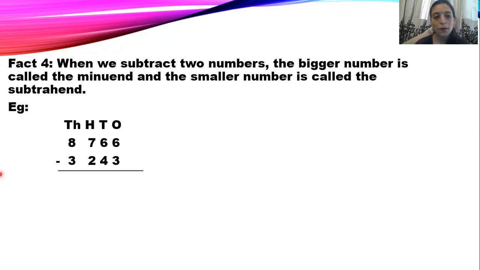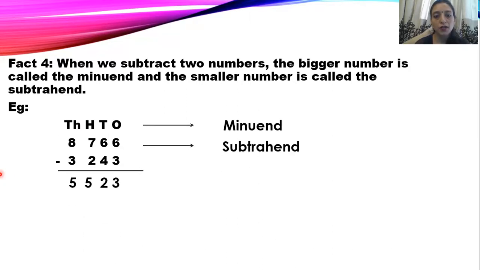So this bigger number will become the minuend and the smaller number will become the subtrahend. And this is the answer. The answer is called the difference, which I have already told you in my first slide.